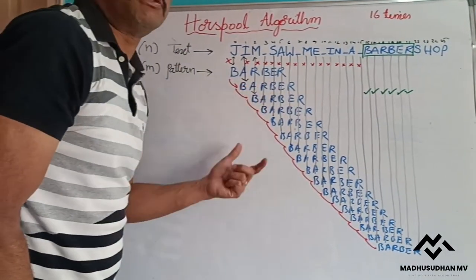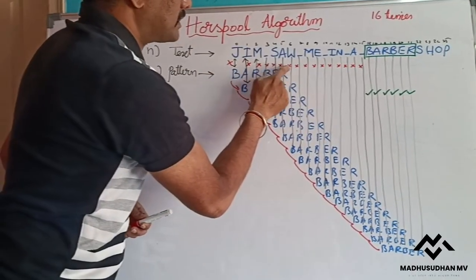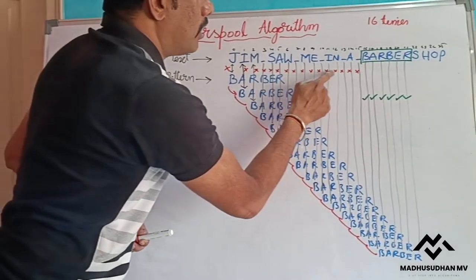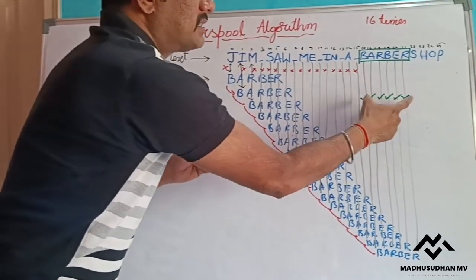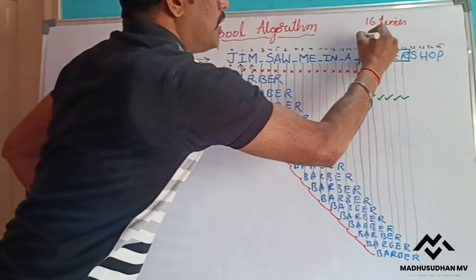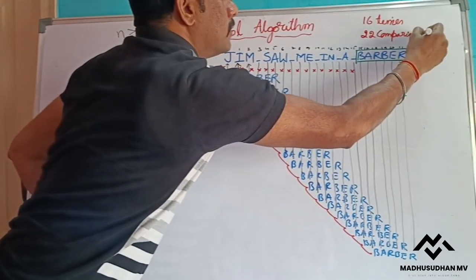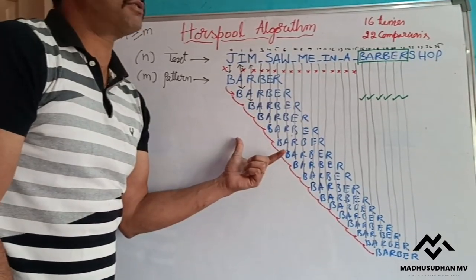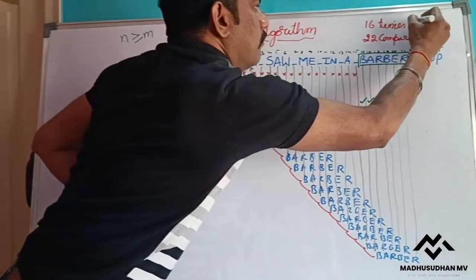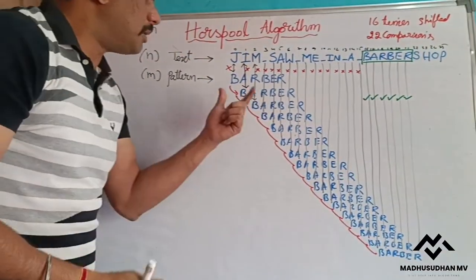And how many times did we compare here? 16 comparisons, all of them mismatches, plus 6 for the matching. So totally 22 comparisons and 16 shifts. We jumped the pattern 16 times.